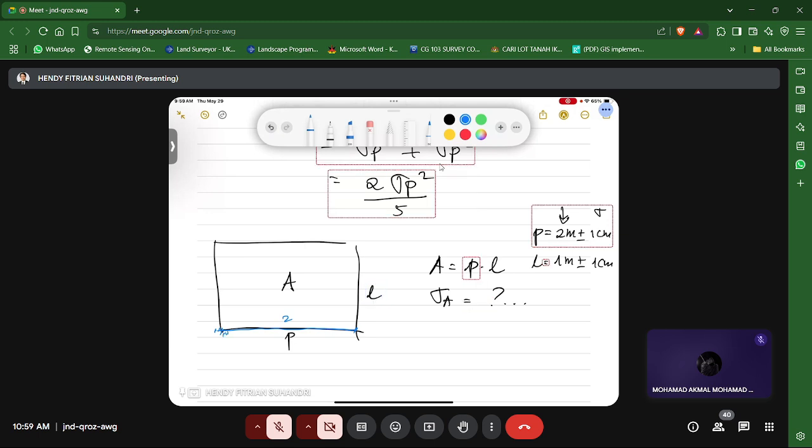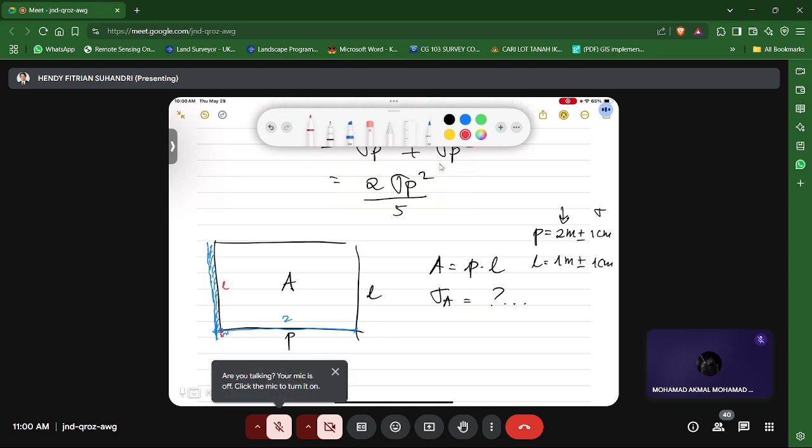In this case, this line, until up to this line, if I have plus 1 cm. And if you notice, also for the L, I have 1 meter, and it can be longer 1 cm or shorter 1 cm from 1 meter. Something like this.